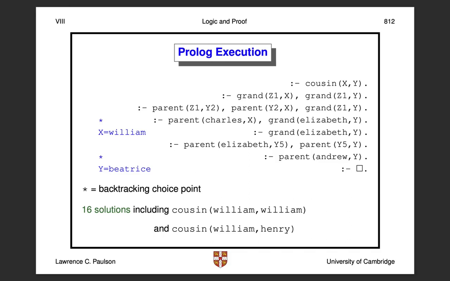When you negate it, you get this effectively says for all xy, not cousin xy. Having refuted that negative clause, we end up proving that there exists a pair of cousins, and there they are, William and Beatrice.